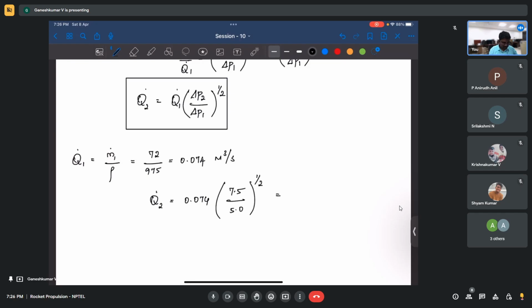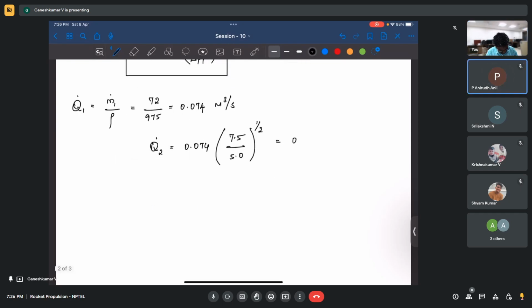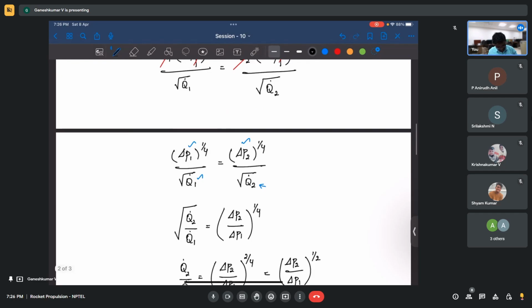So how much is the flow rate coming? 0.090 meter cube per second. So the first question is done. We found the volume flow rate of the upgraded pump. Now we need to find the specific speed, which is straightforward. You just directly substitute in the formula.